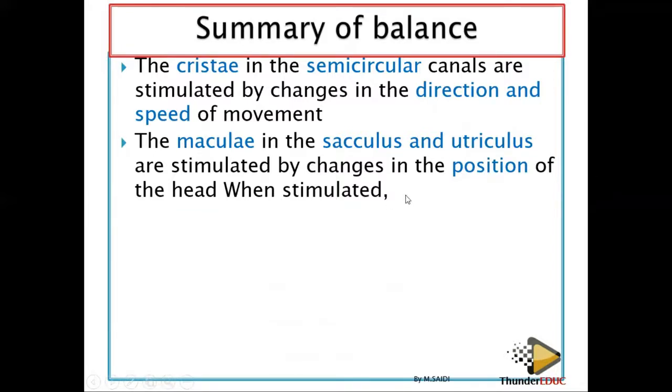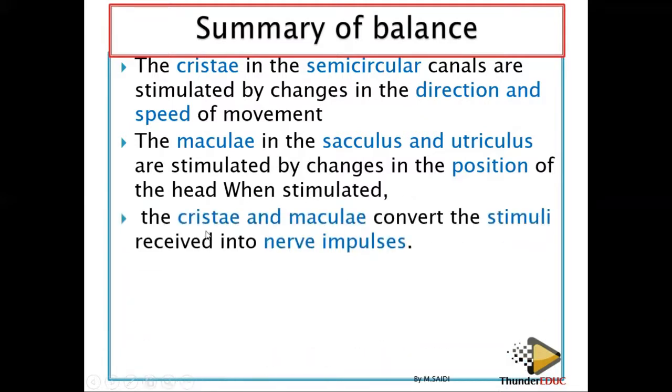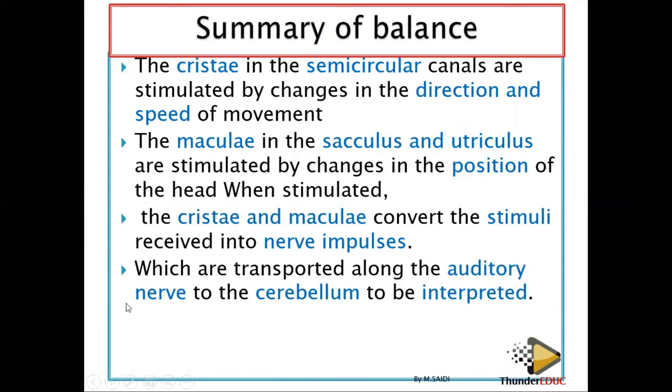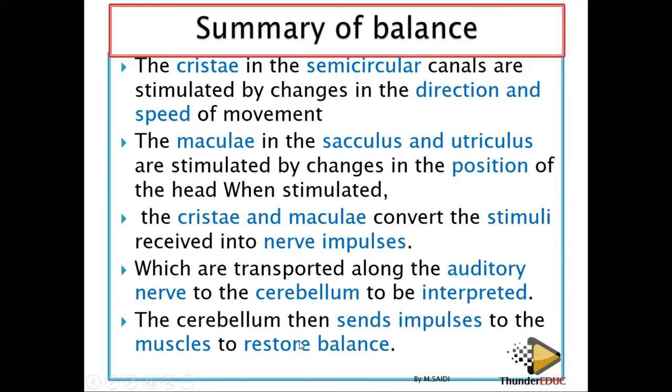When stimulated, the cristae and the maculae convert the stimuli received into nerve impulses, which are transported along the auditory nerve to the cerebellum for interpretation, so that the cerebellum then sends impulses to muscles to restore balance.